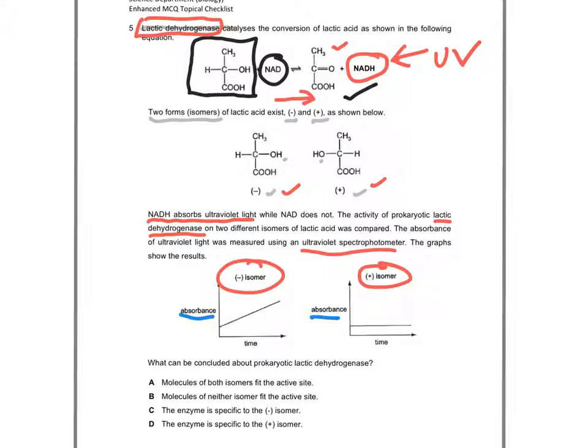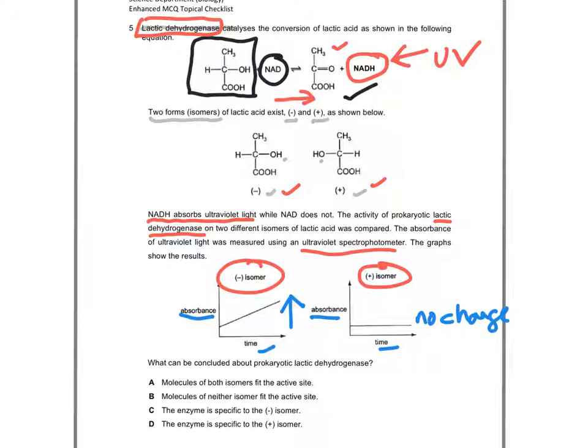On the left, it shows that as time goes, the absorbance increases. On the right, as time goes, the absorbance remains the same. So there's no change here, whereas there is an increase in the absorbance here. So what does it mean?